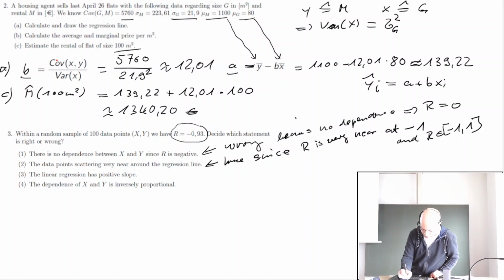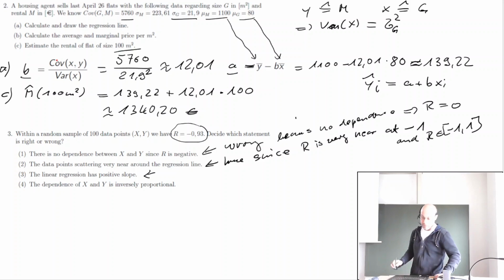The linear regression has positive slope. Right or wrong? This is wrong. And why?